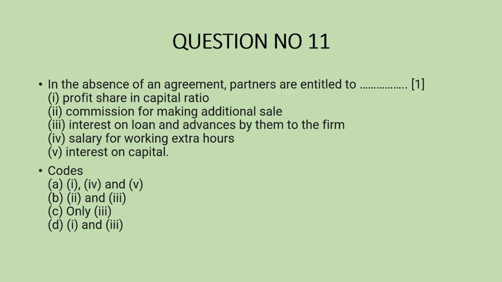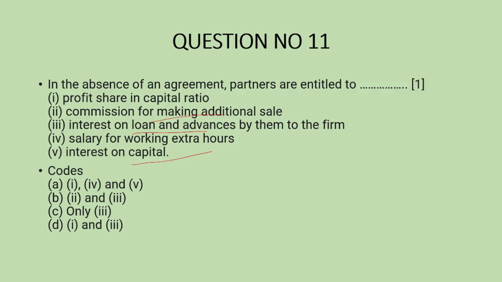Now, question number 11. In the absence of the agreement, partners are entitled to profit share in the capital ratio, commission for making additional sale, interest on loan and advances, salary for extra working hours, or interest on capital.